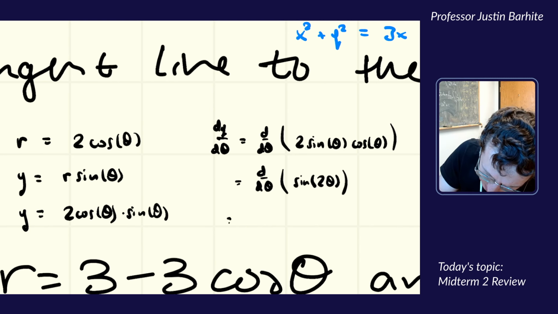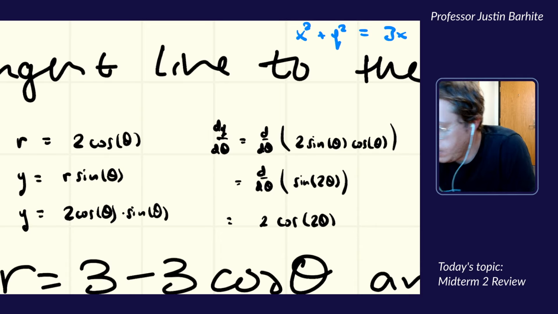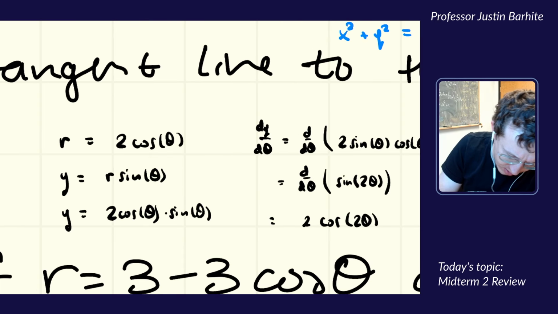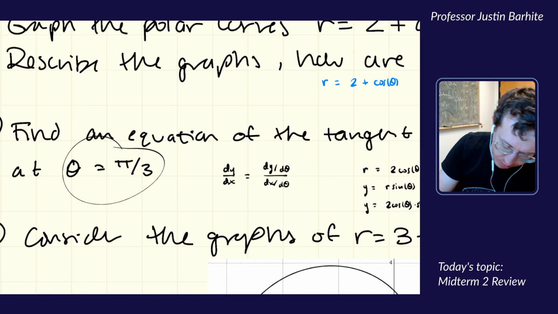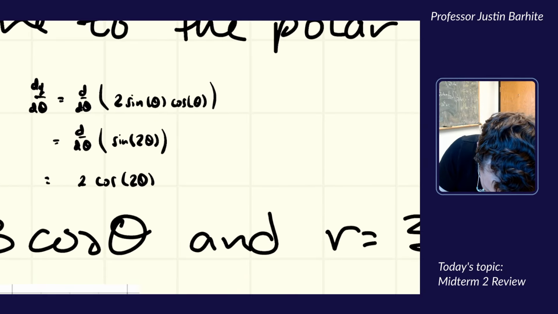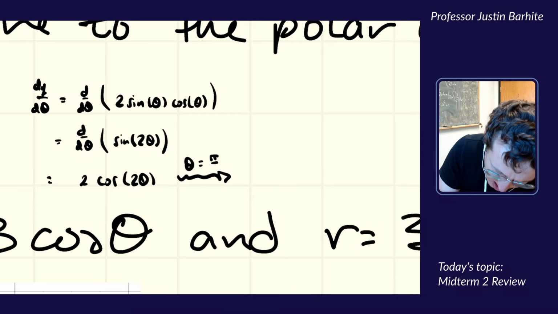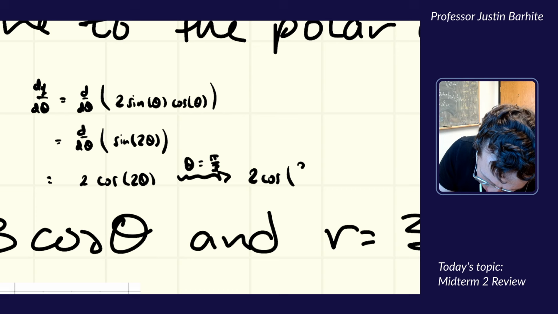So this is going to be 2 cosine 2 theta. And then we're interested in the point pi over 3. So let me plug in theta equals pi over 3. And that's going to give me 2 cosine of 2 pi over 3.